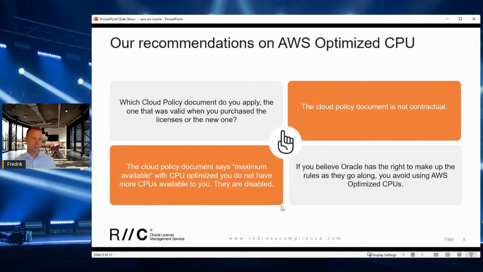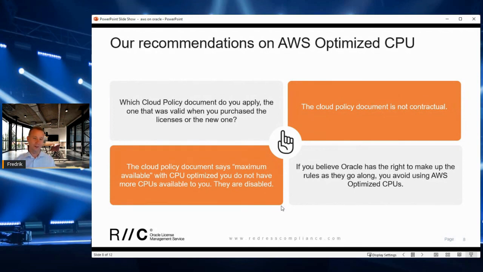If Oracle had put in the language that you need to license all vCPUs allocated for you, then Oracle would have a stronger case that you need to license the full instance type, no matter if the vCPUs are disabled or not. If you believe that Oracle has the right, as they own the software, to change the licensing policy as they wish, you simply avoid using AWS CPU optimized.